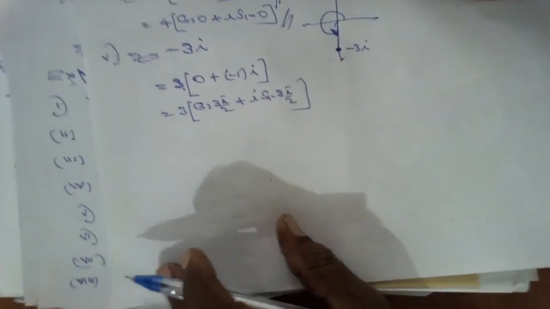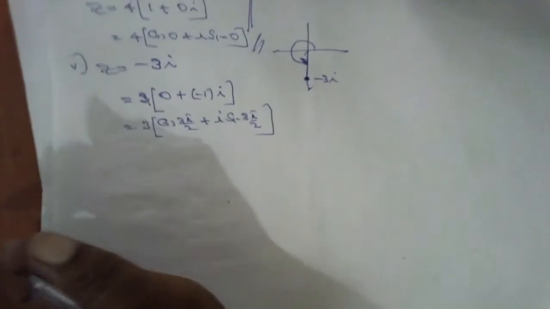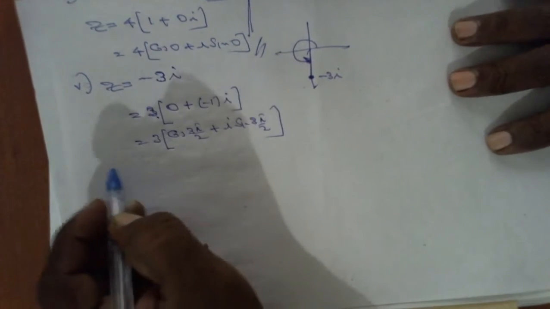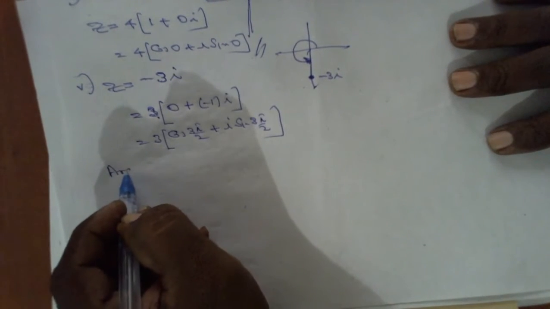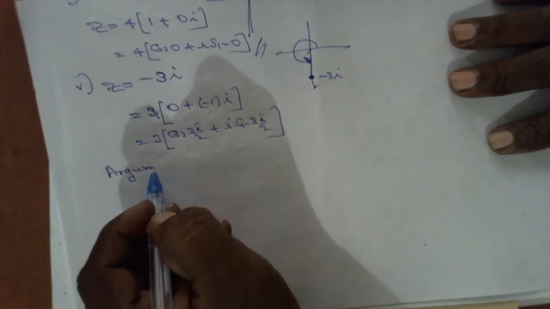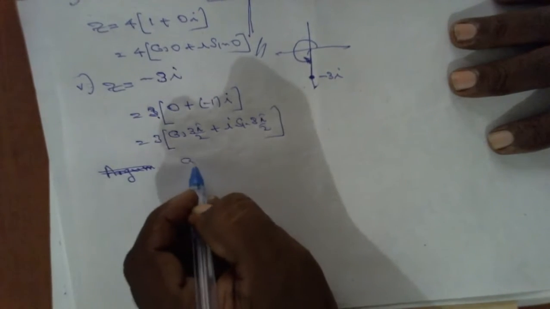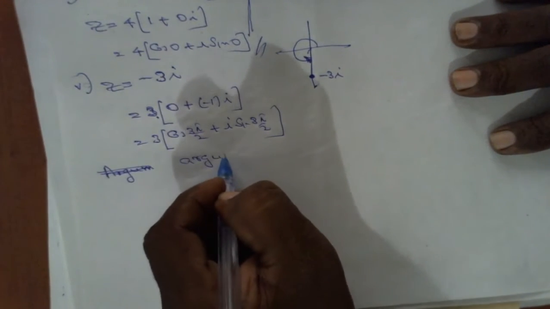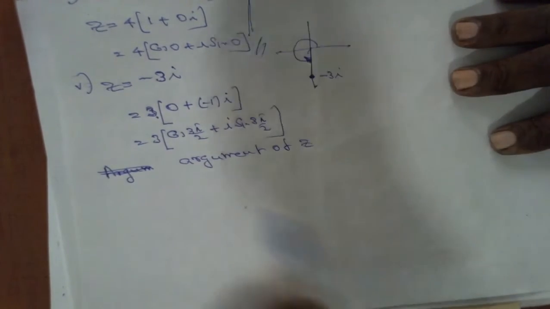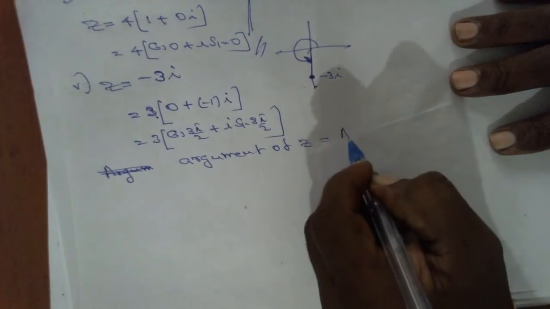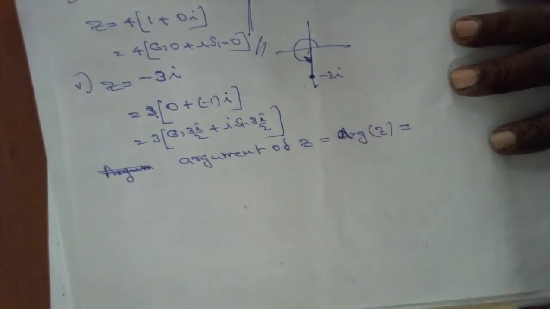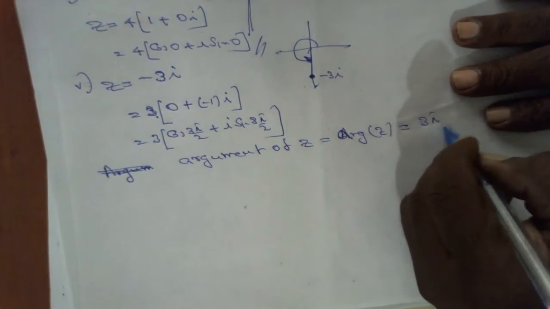I would like to mention one important thing at this stage. 3 pi by 2 is the argument, arg z. So arg z equals 3 pi by 2.